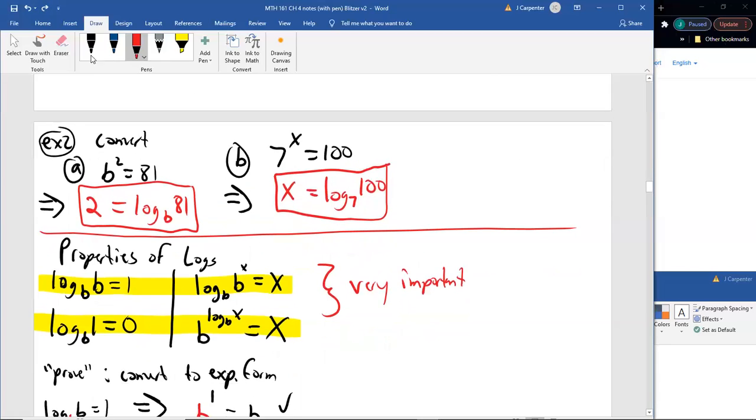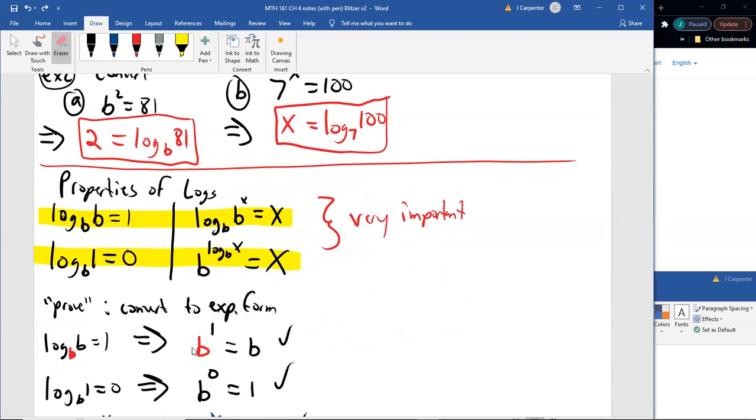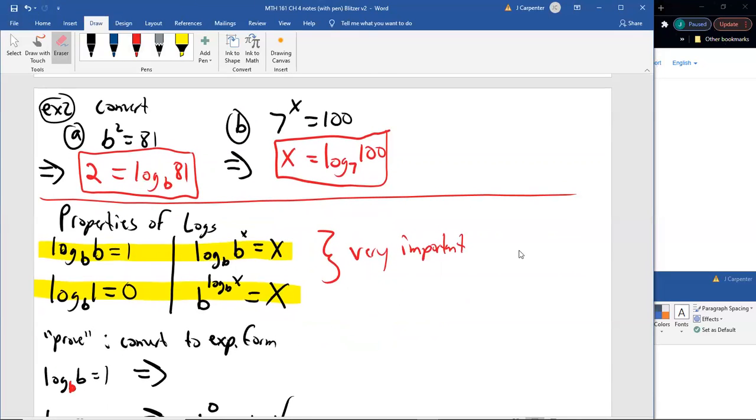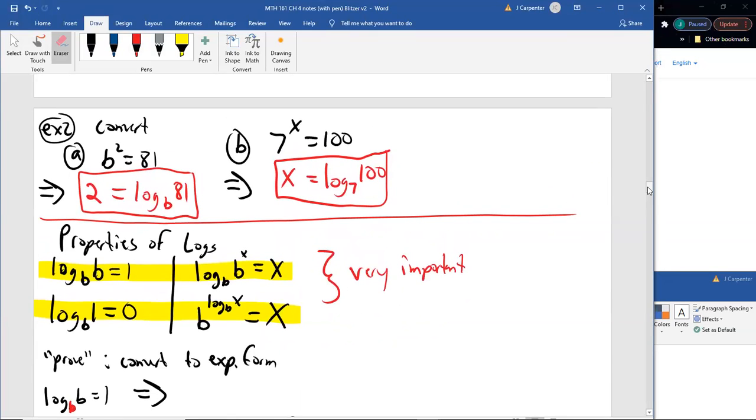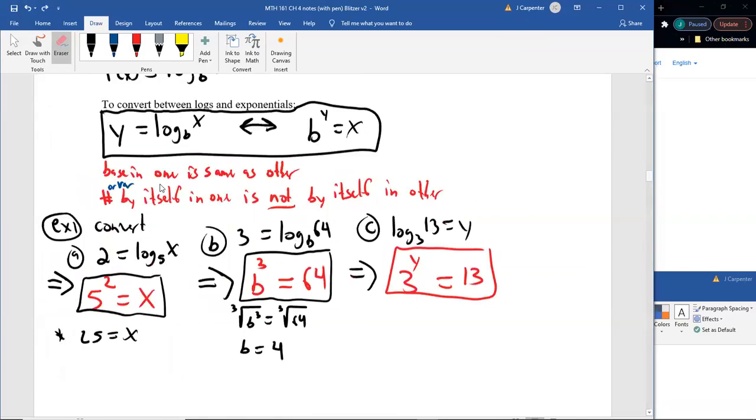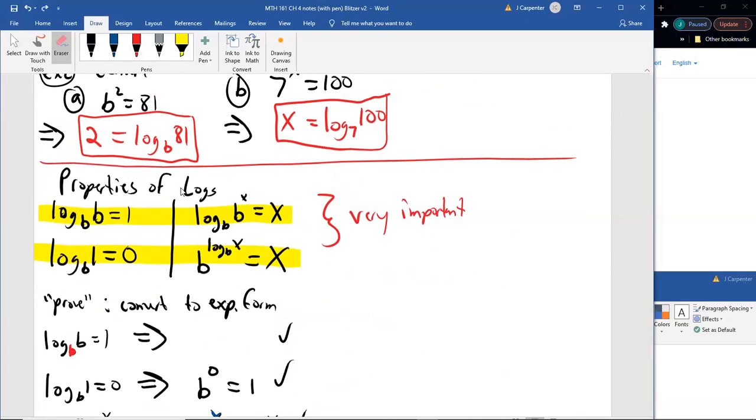So if we take log base b of b equals 1, if we convert that to exponential form, we take the base, which is the red b, that will be the base of the exponential, so it would be red b raised to something. The thing that's by itself can't be by itself again, so the 1 here can't be by itself, which makes it the exponent. So that's why we get b to the first. Sorry about that scrolling issue.